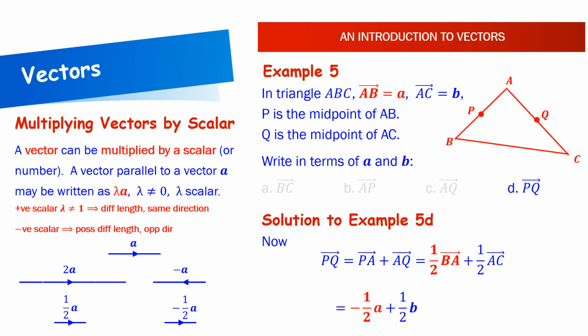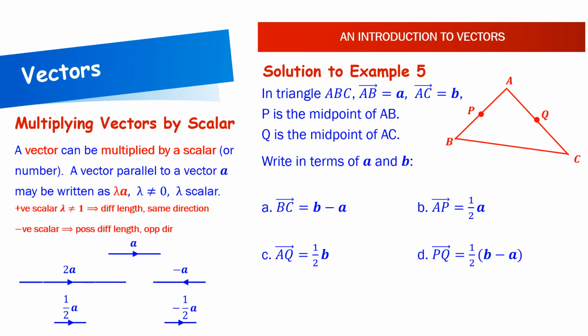Now since AB equals a, we have that BA equals minus a, and therefore half BA equals minus a half a, as shown. And since AC equals b, we have that half AC equals half b. And so our resultant vector is a half b minus a, as shown. And here's a summary of our results.